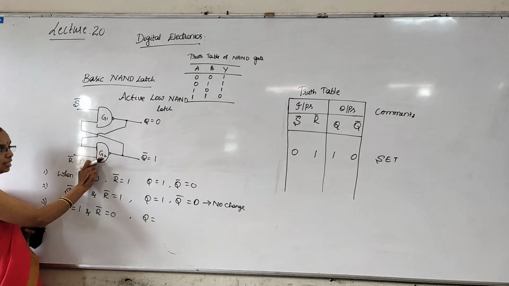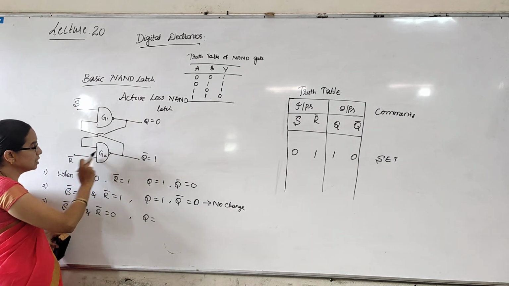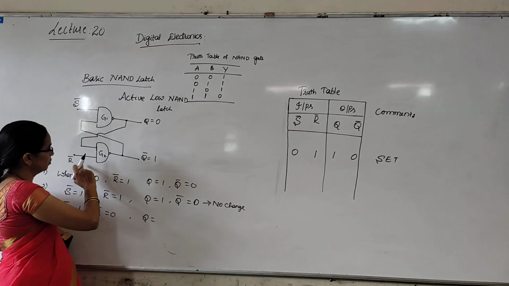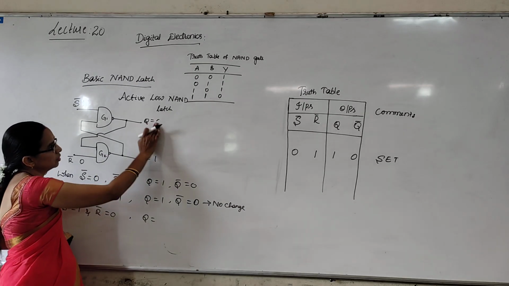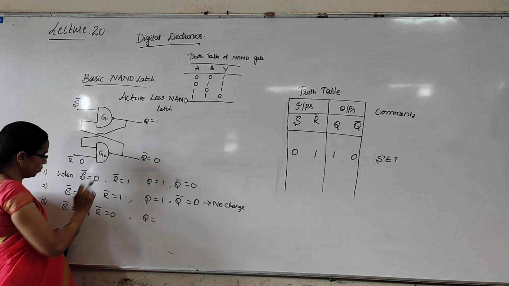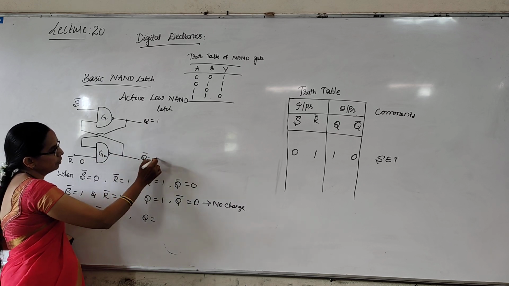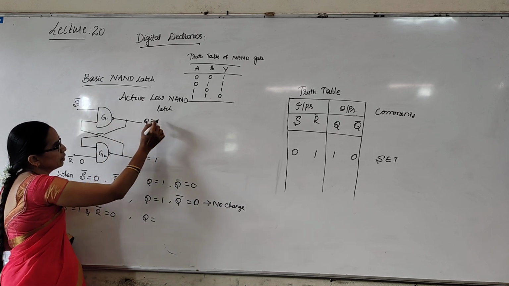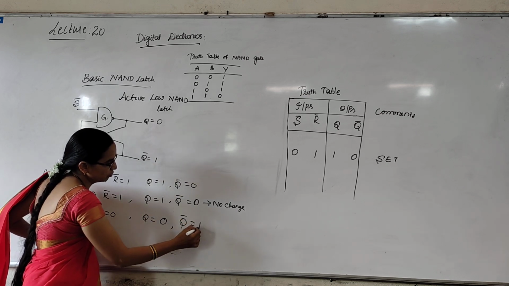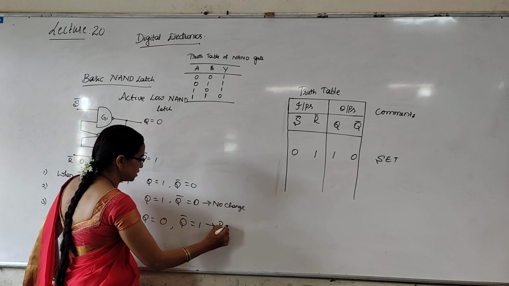So this gate's input has been changed, so it will respond. Earlier it was 1 and 0, so I changed R to 0, so 1 and 0 will become 1, 1 and 1 will become 0. So Q I got 0, Q bar I got 1, so it entered into the reset state.